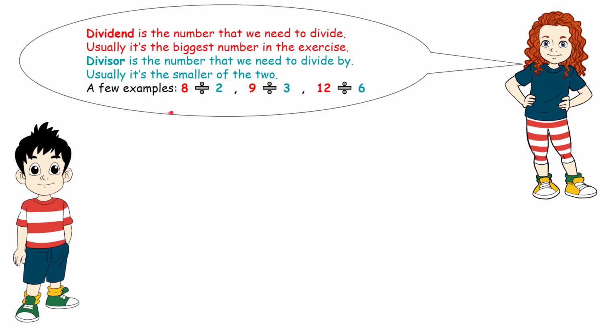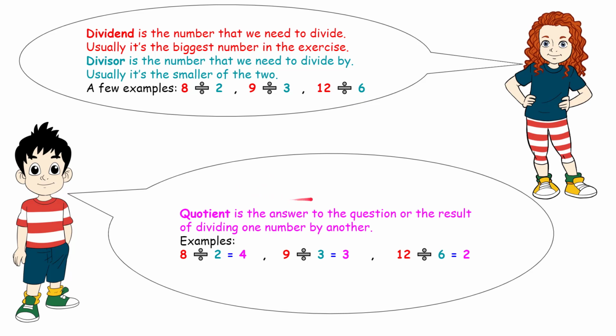Here are a few examples. 8 divided by 2. 8 is the dividend, 2 is the divisor. 9 divided by 3. 9 is the dividend, 3 is the divisor. 12 divided by 6. 12 is the dividend, 6 is the divisor.